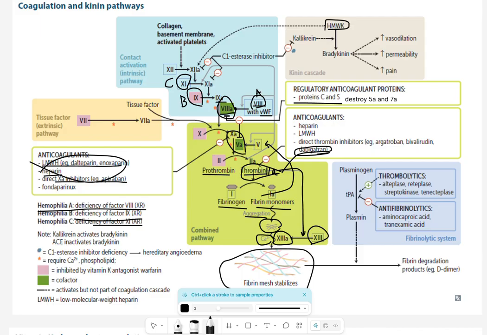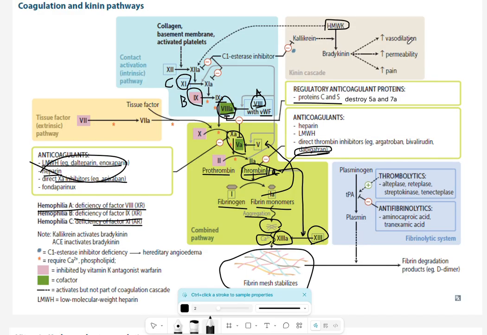It's the precursor from which bradykinin is made. That's it, right? And when factor 12 is converted into 12A, this converts the pre-kallikrein into kallikrein, which uses the HMWK and converts it into bradykinin, right? And this basically leads to your vasodilation, permeability, and pain, right?